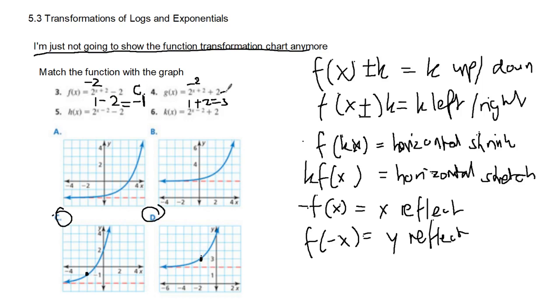Next, we have x minus 2 this time. But minus 2. So it's the other minus 2 graph right here. And then we have 2 to the x minus 2 plus 2 this time.